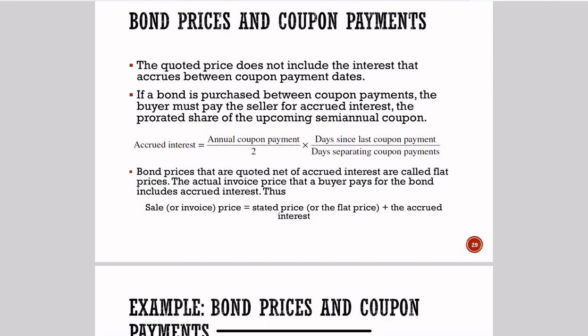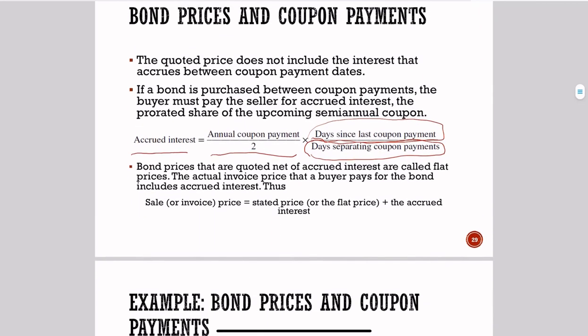So basically, accrued interest equals semi-annual coupon times days since last coupon payment divided by days separating coupon payments. Again, this is a simple formula, but it's not that clear what does days separating coupon payments mean here. Again, you will see an example which will clarify these things.